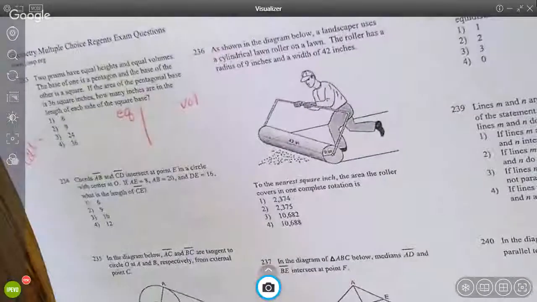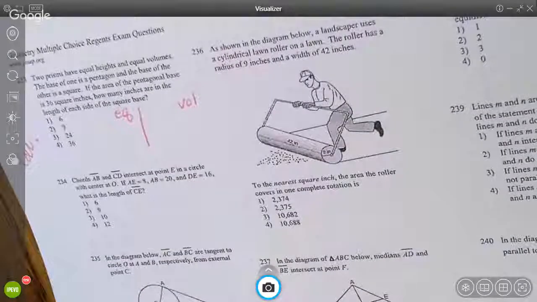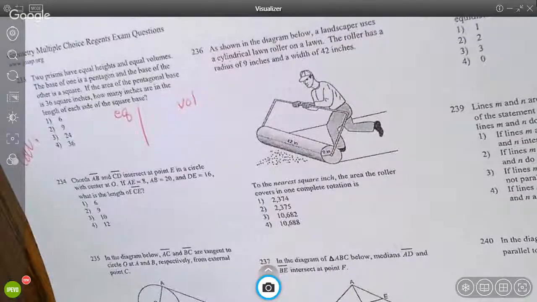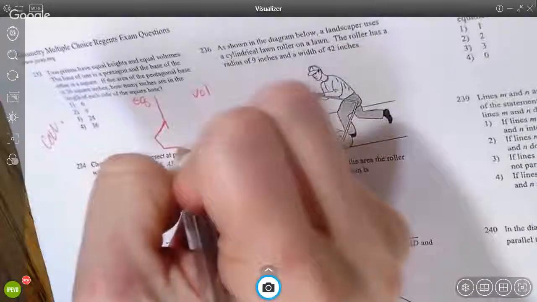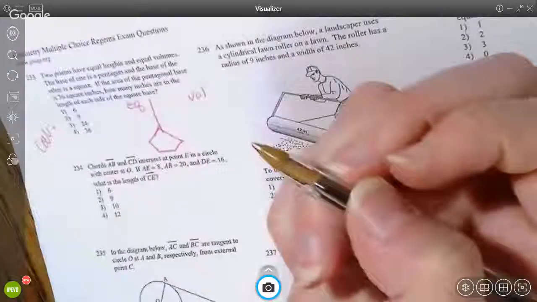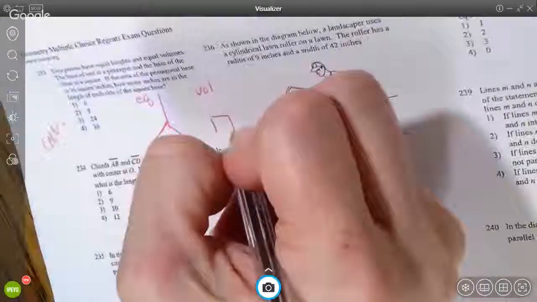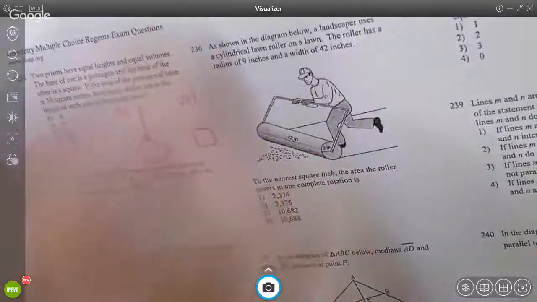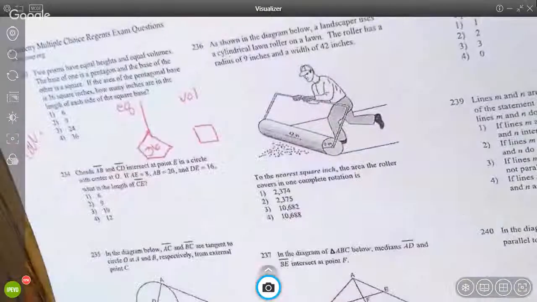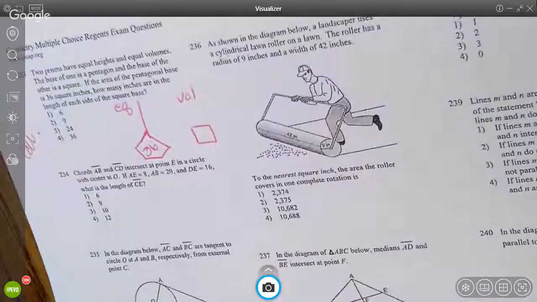That's the one where I had another student stand next to me and we talked about cross sections. The base of one is a pentagon, and the base of the other is a square. The area of the pentagon base is 36. What's the area of the square? It's going to be 36.